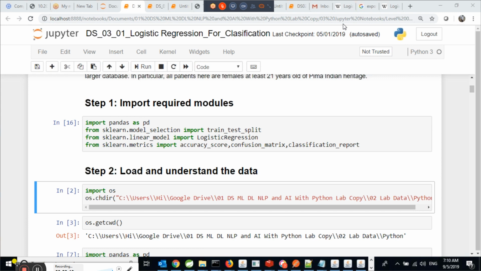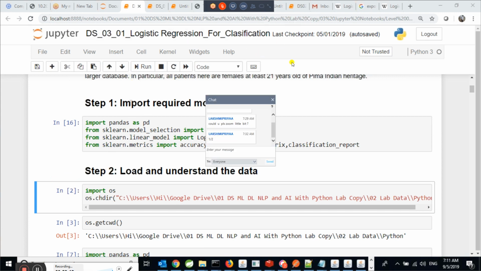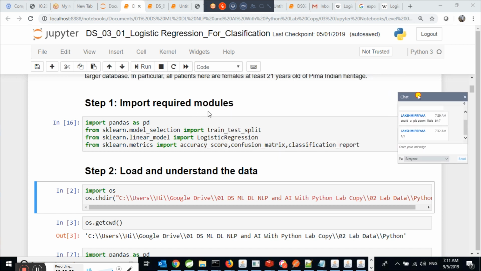So let's see, we'll work on this. As we know, for using any machine learning, you have to import the required modules.